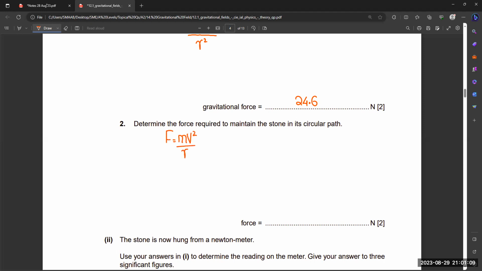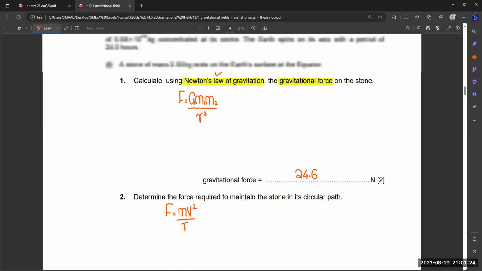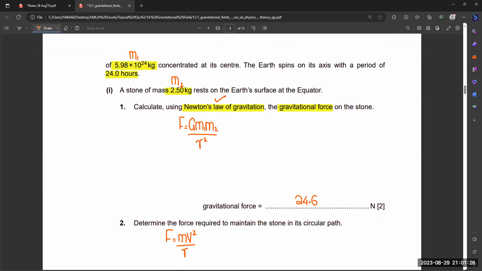The force formula uses mass, which is given. Only there is a problem with the velocity, right? So what do we need to do? There is a time period given. And if you remember the last question, we just replace v by 2 pi r over T. So again, we need to do the same thing.